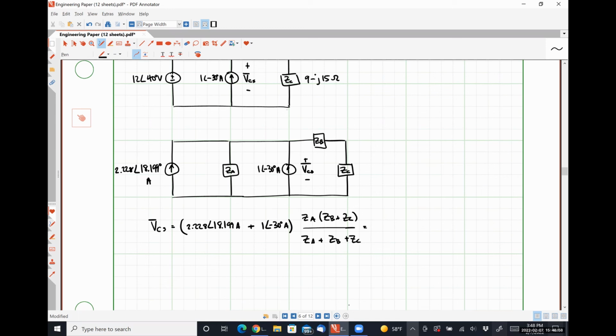All I'm doing here is applying Ohm's law. So I'm saying the total current is being multiplied by the equivalent impedance.